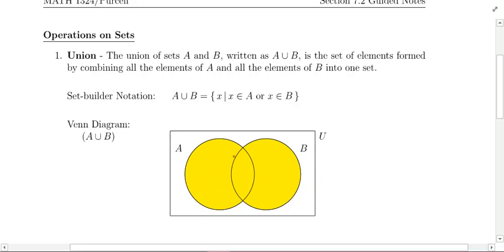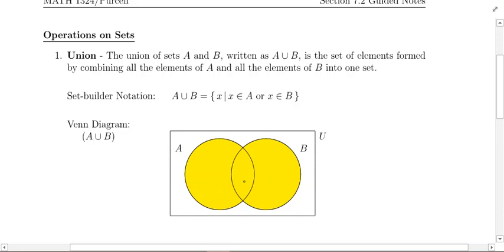There are two smaller sets within the rectangle, set A and set B, and they do overlap a little bit, so they are going to have elements in common. You don't see any of the elements listed, but you could certainly put them on the Venn diagram if you knew what they were. Just the fact that sets A and B overlap means they will have elements in common.